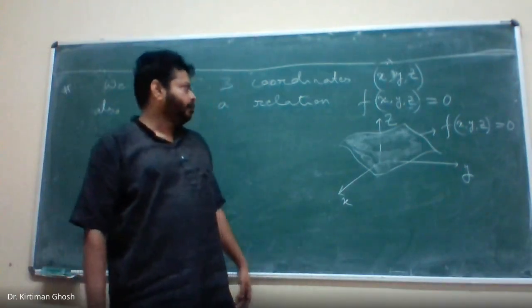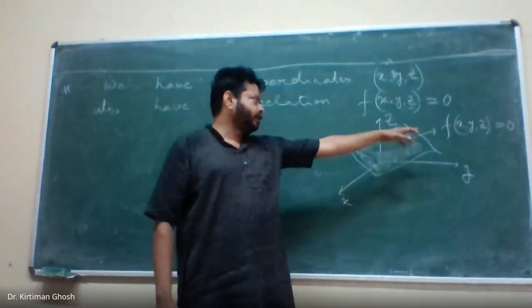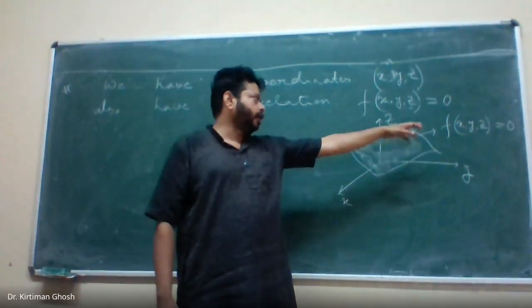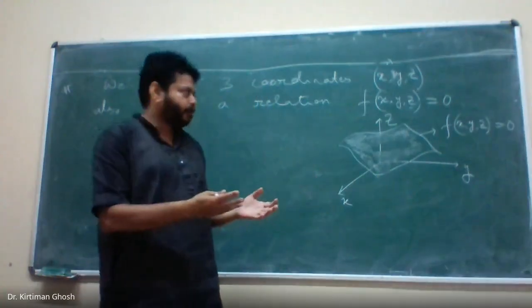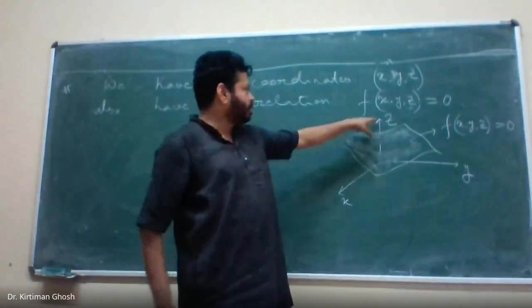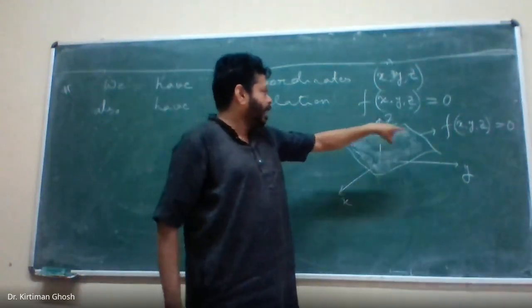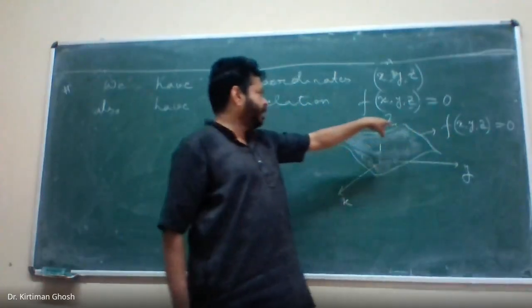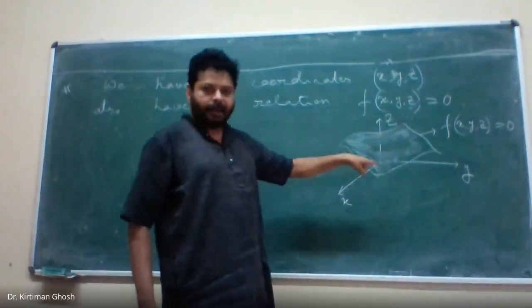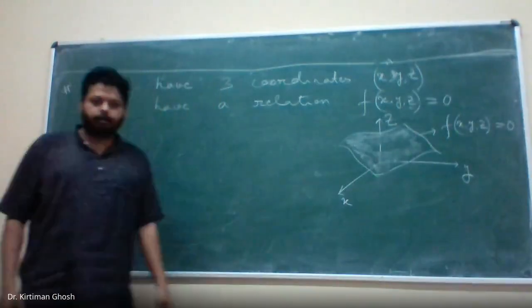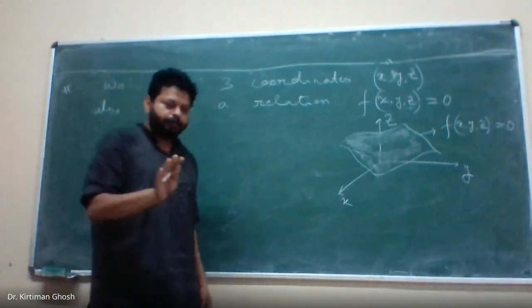In this diagram, I am drawing a surface of coordinates x, y, z with f(x, y, z) equal to 0. The situation is the same. In this case, this equation actually tells you that z is a function of x and y, and this is that function. Both situations are the same.